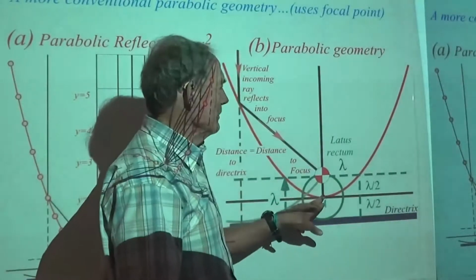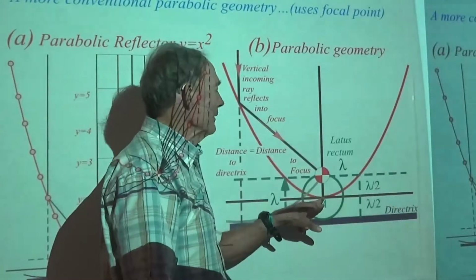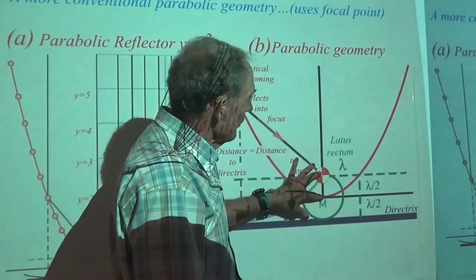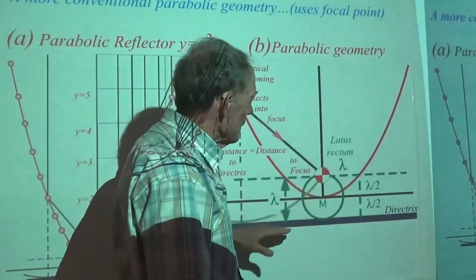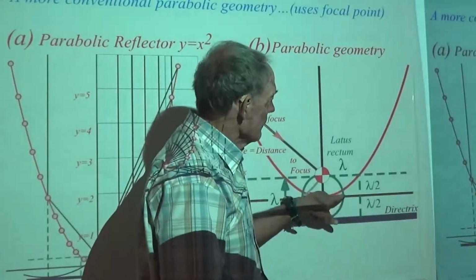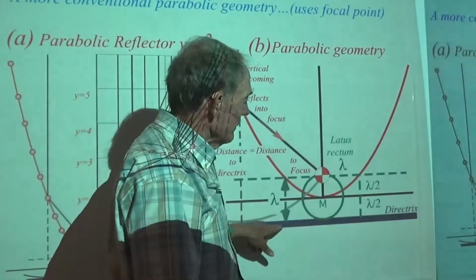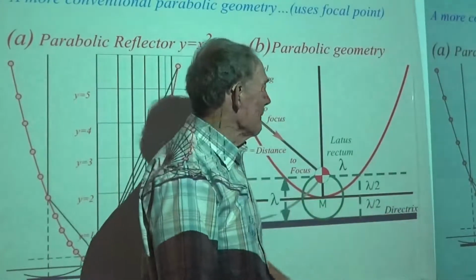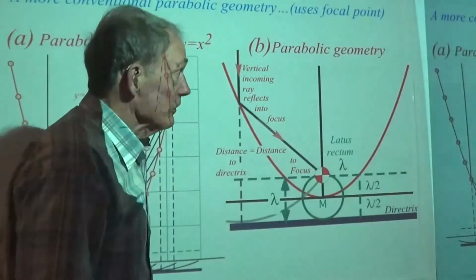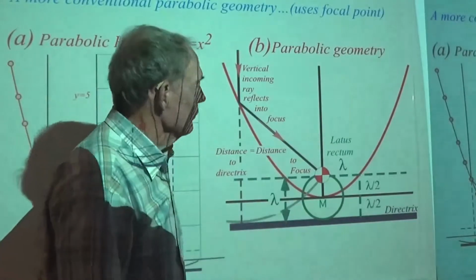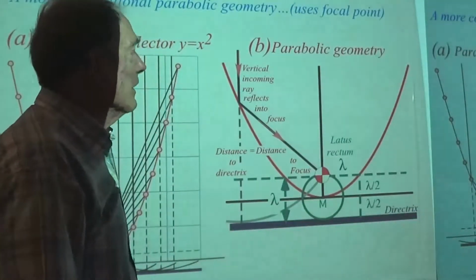The umbilical point is the bottom of the parabola right there. At twice the distance of the focus there sits another line and a circle tangent to that line. The line is called the Directrix. The letter lambda is often used to describe this.